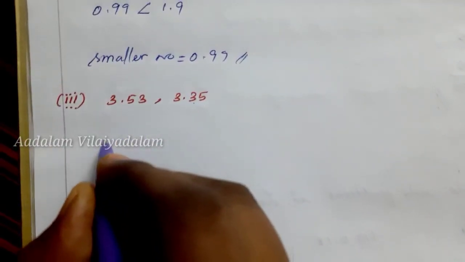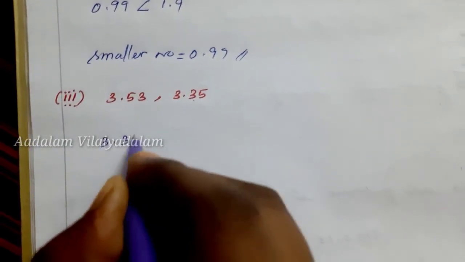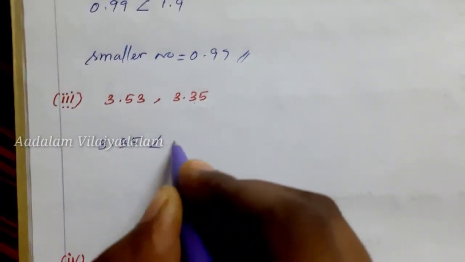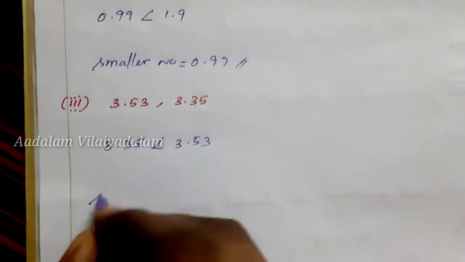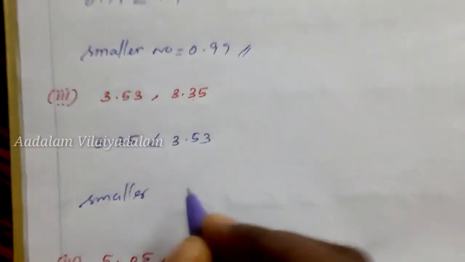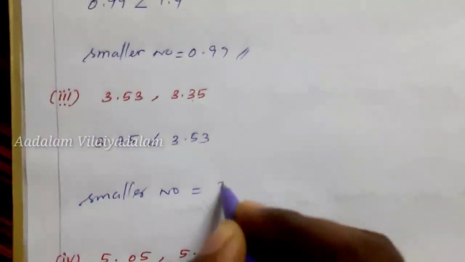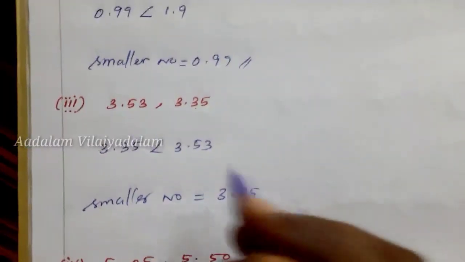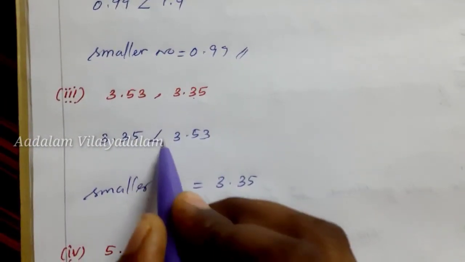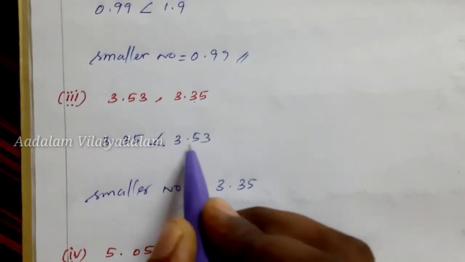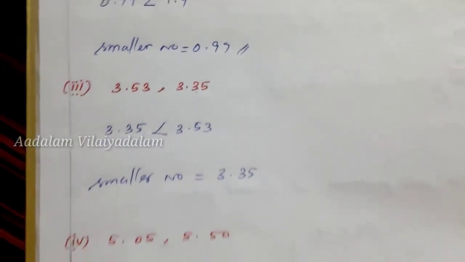So therefore we can write 3.35 is less than 3.53. So we can conclude the smaller number is 3.35. The end of this tip denotes the smaller number, so the open part denotes the greater number.